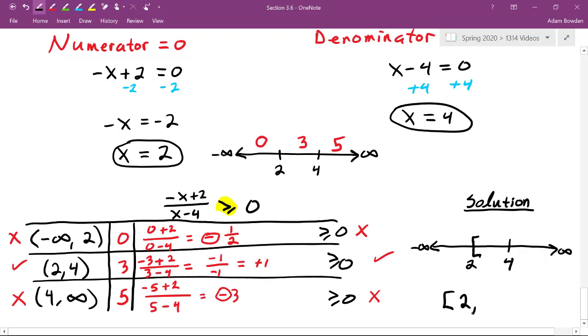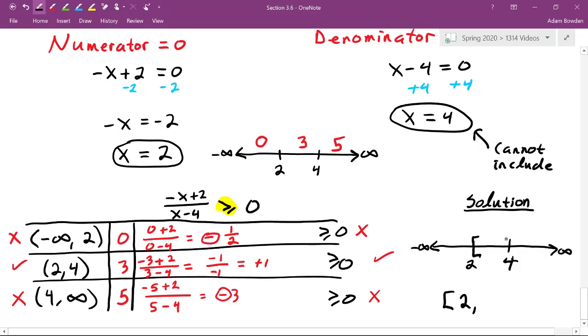However, we would usually put a bracket with 4 in almost all other things that we would do. But this one's just a little bit particular because that 4 came from the denominator. Since the 4 comes from the denominator, we have to make sure that we cannot include this in our solution because that doesn't work to have a 0 denominator.